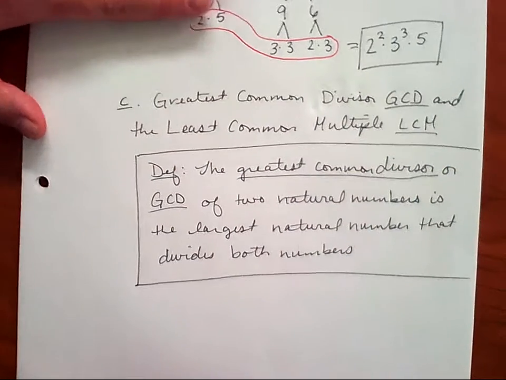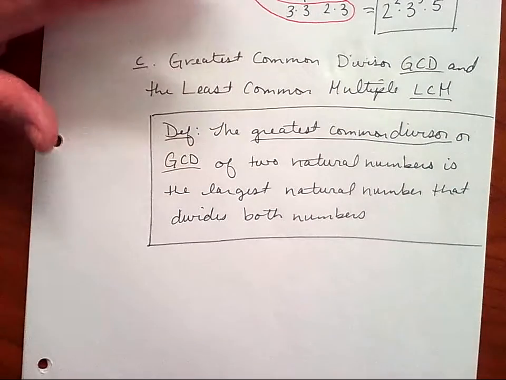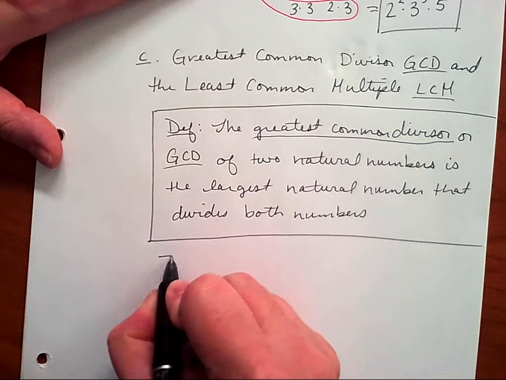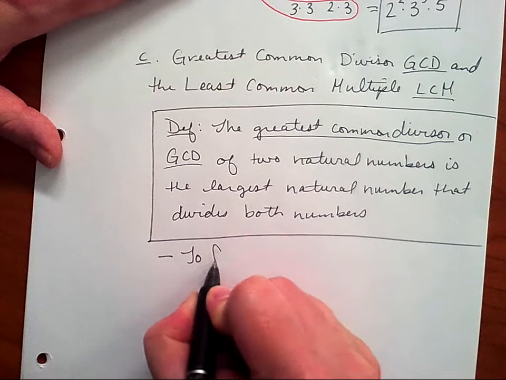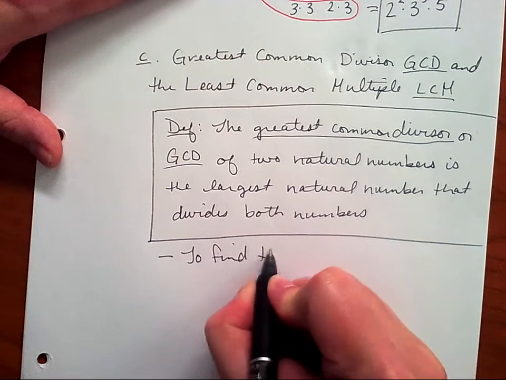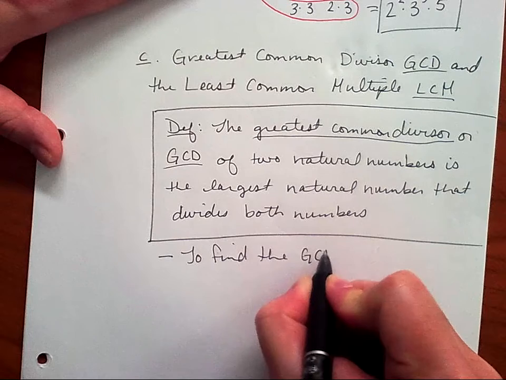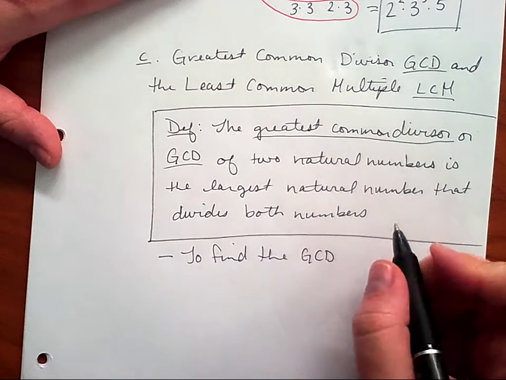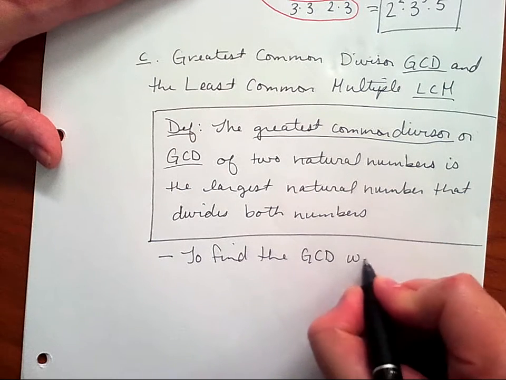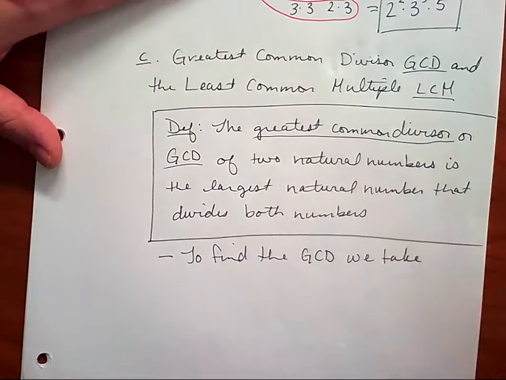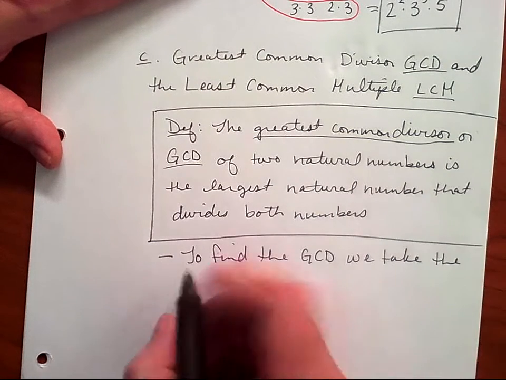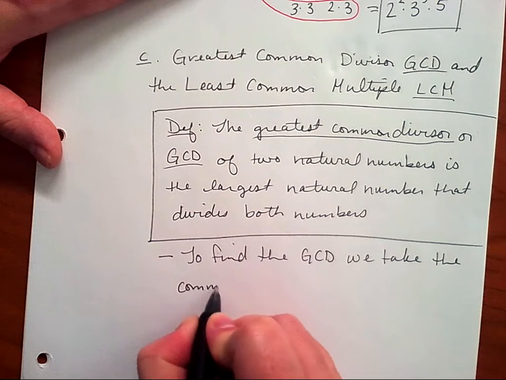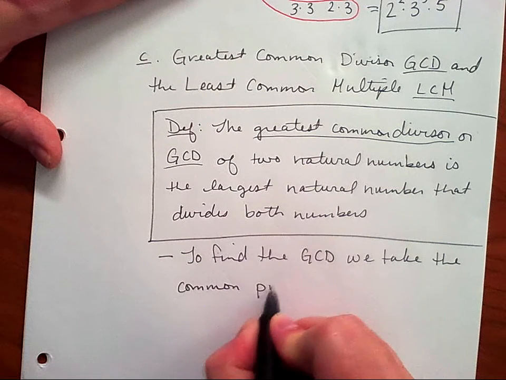Okay, so the greatest common divisor is the largest natural number that divides both. So let's write out how to find it. To find the GCD, we take the common prime factors.